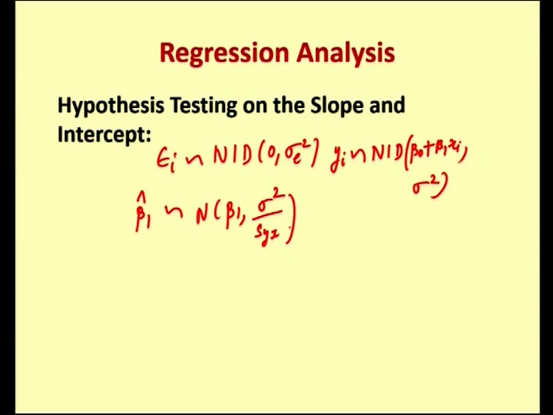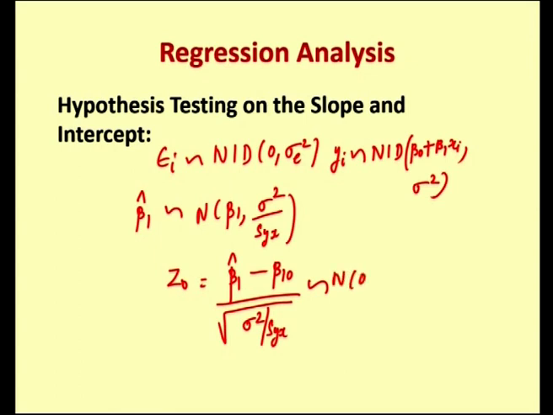And the test statistic for testing our null hypothesis here is Z naught equal to beta 1 cap minus beta 1 0, under H naught, divided by the standard error, that is the square root of the variance, which is sigma squared by SXX, and this follows normal with mean 0 and variance 1. So, here this is the test statistic to test H naught against H1 when sigma squared is known.